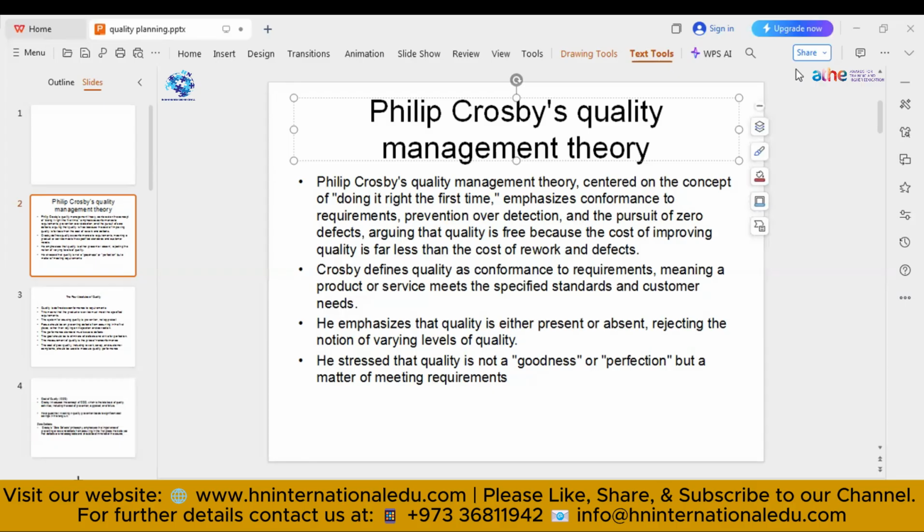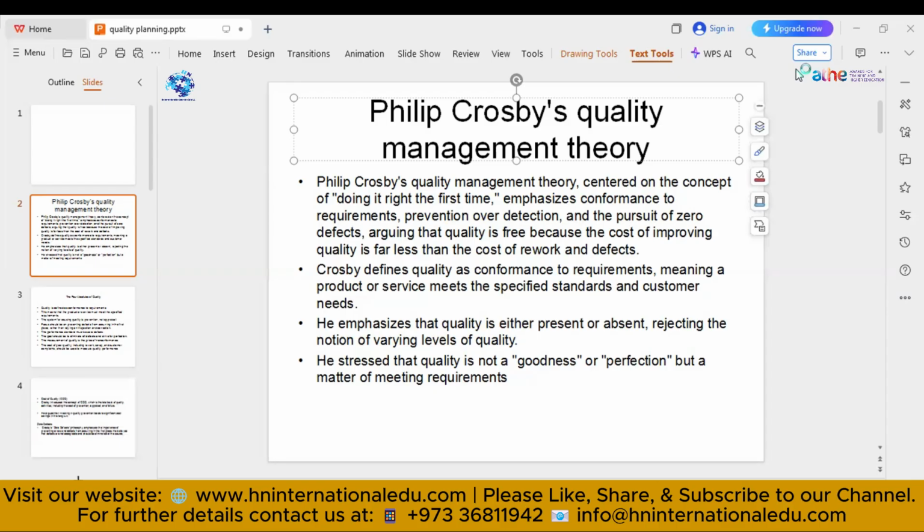Crosby defines quality as conformance to requirements, meaning a product or service meets the specified standards and customer needs. Right from the beginning, it should be according to the customer's needs and requirements and according to the specific standards. He emphasizes that quality is either present or absent, rejecting the notion of varying levels of quality.